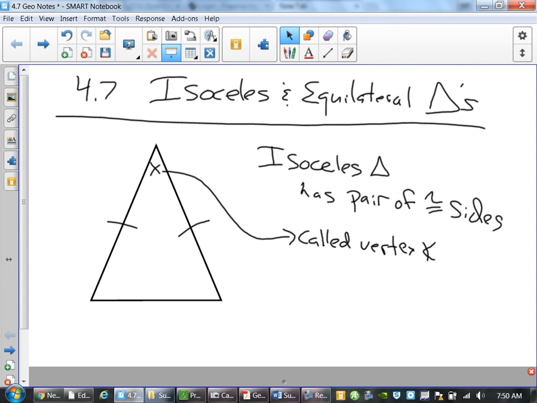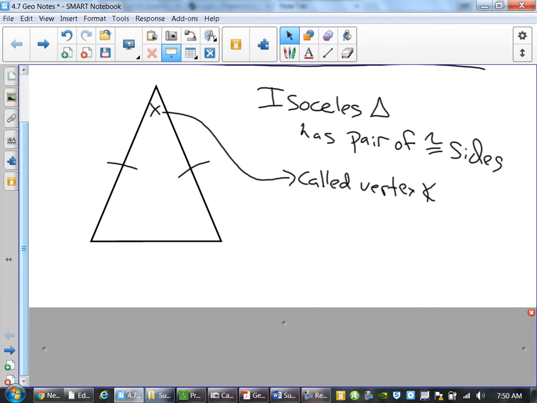Okay? That's about as goofy as any of this stuff is going to get, is knowing how to label an isosceles triangle.